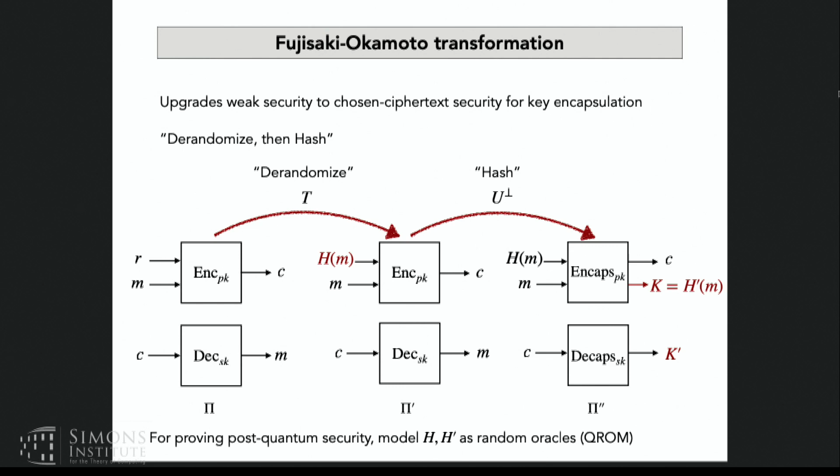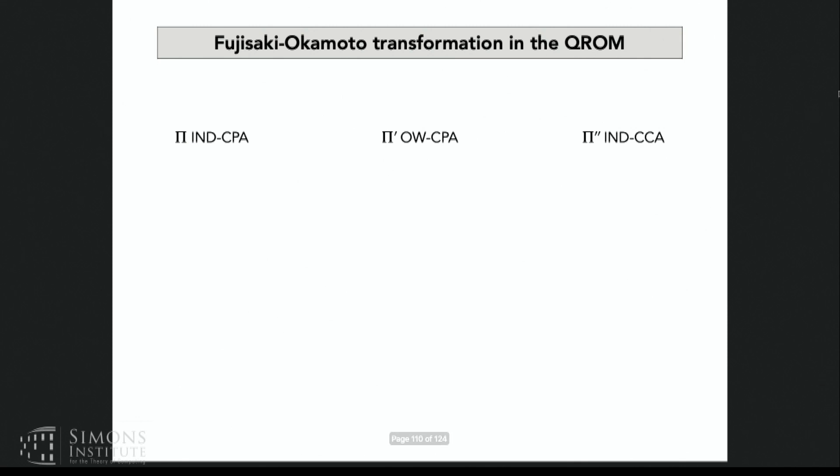For the proof of post-quantum security of this transformation, again, usually the hash functions h and h prime are modeled as random oracles. So what we want is to take a scheme pi that is IND-CPA secure, or even a weaker one, one-way CPA.